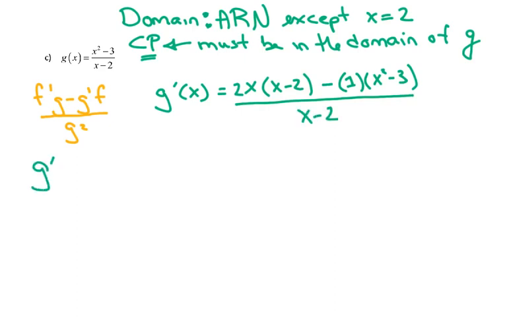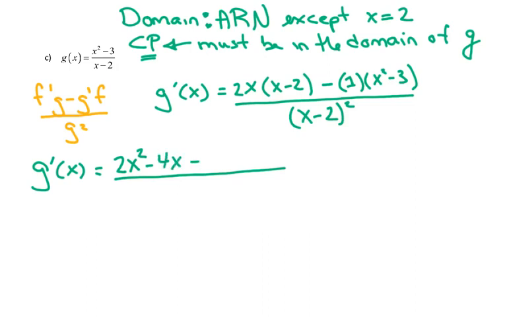And now comes the work. And I forgot to square this denominator. So let's do this carefully. I multiply out the numerator. I have 2x squared minus 4x minus x squared plus 3.